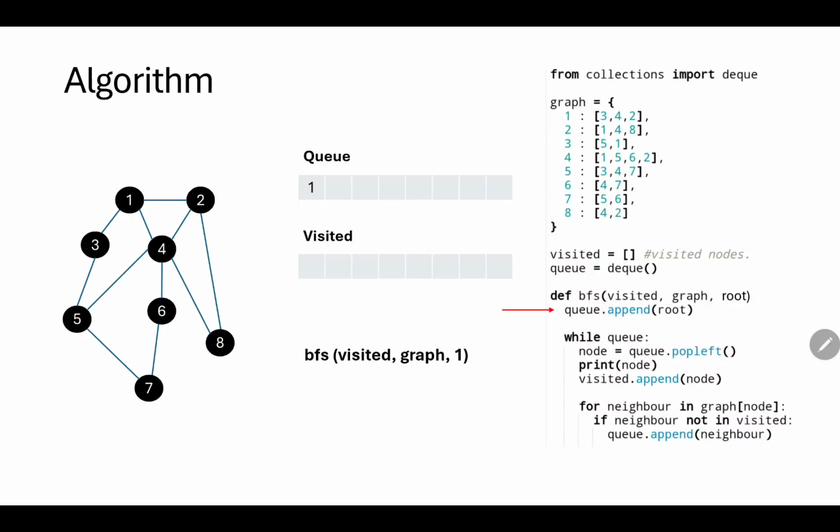So root is going to be provided for you somehow, depending on your implementation. Right here, I'm just assuming that the root of this graph has been given as 1.